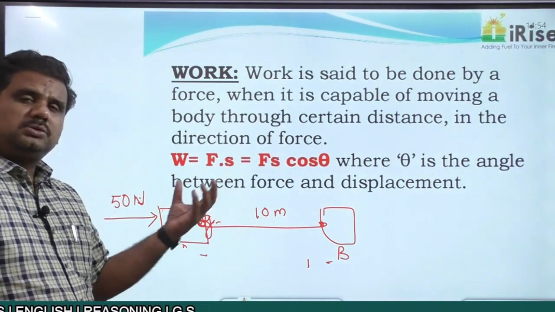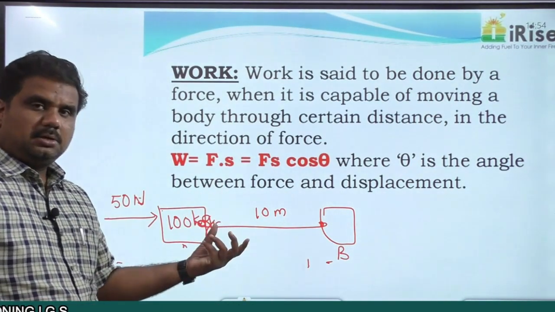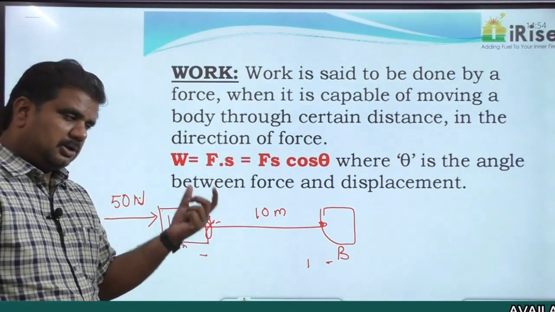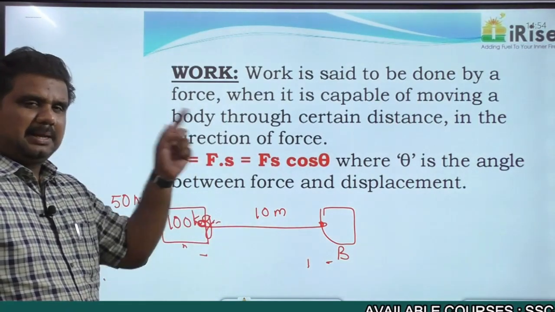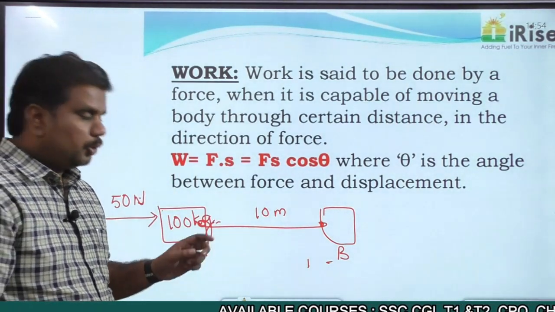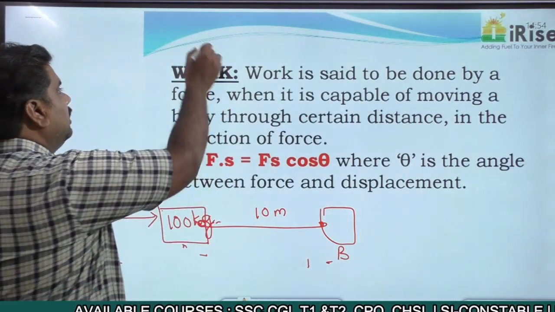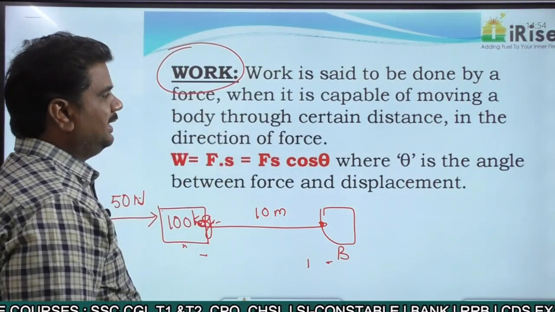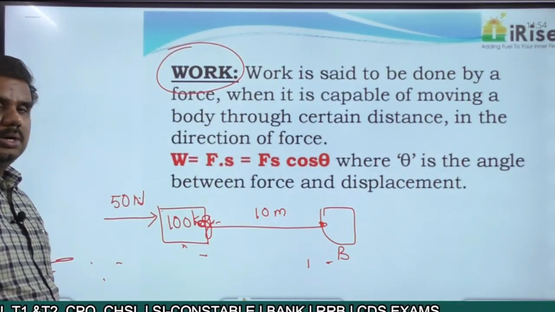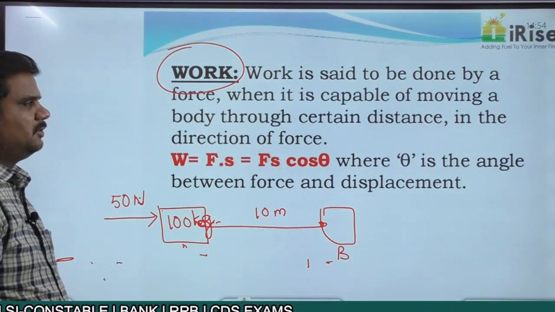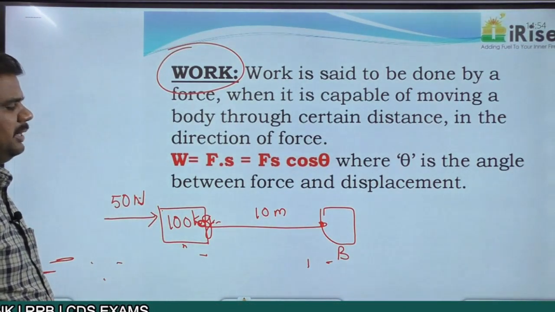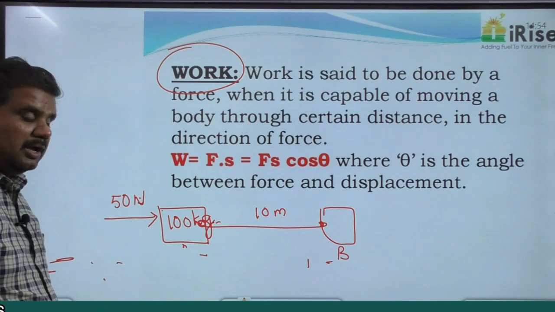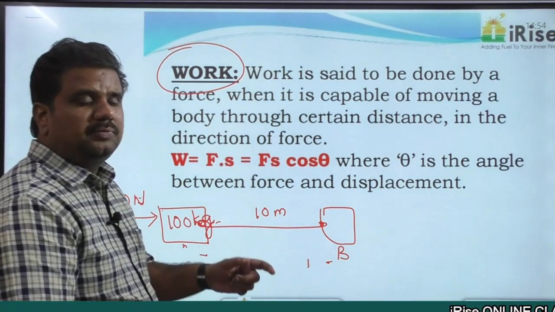So whenever force is applied on any particular object, if that applied force produces a certain amount of displacement, then we say that work is said to be done. Work is said to be done by any particular force if it is able to produce displacement.